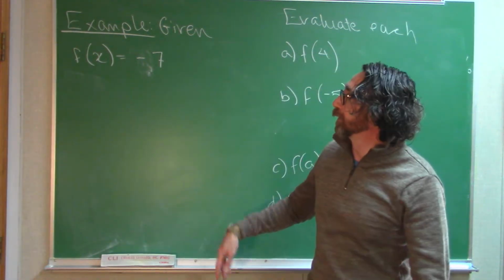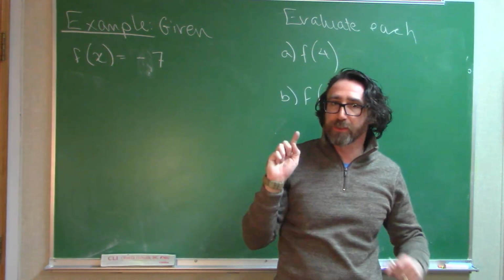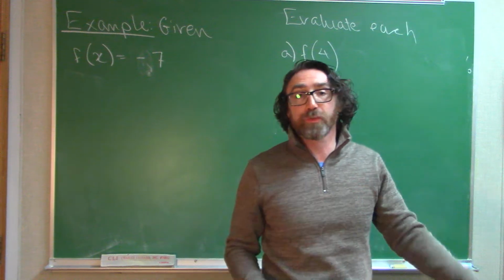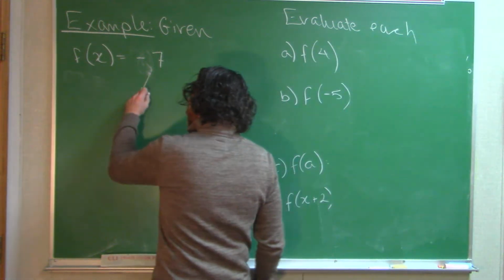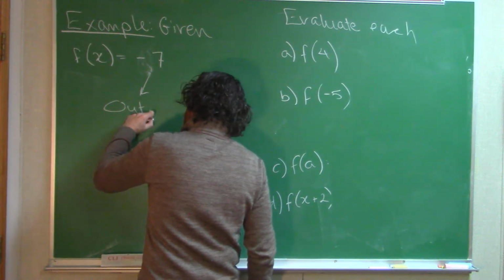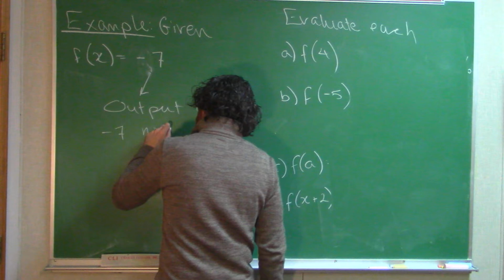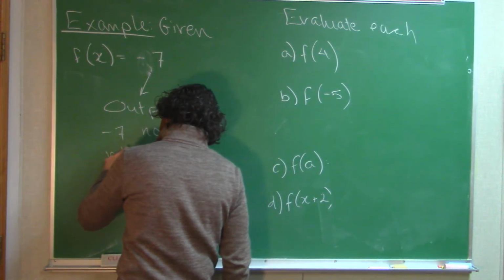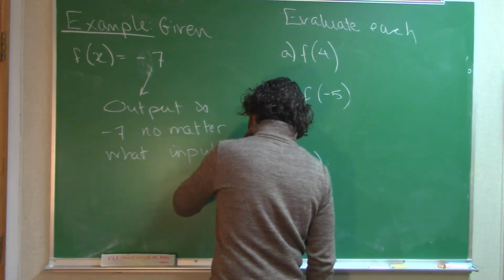Okay, so this rule is one of those things where it's such a simple rule that people might get tripped up and make it more complicated than it really is. Okay? This rule is saying that the output is negative 7 no matter what the input is.